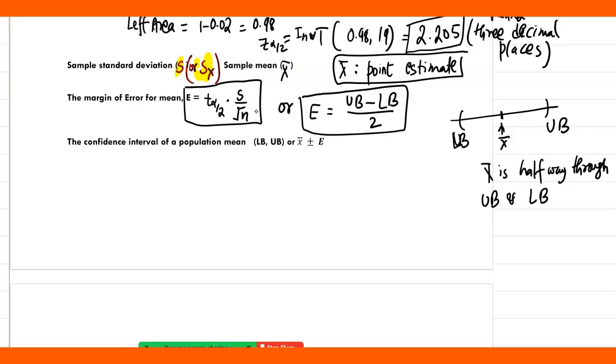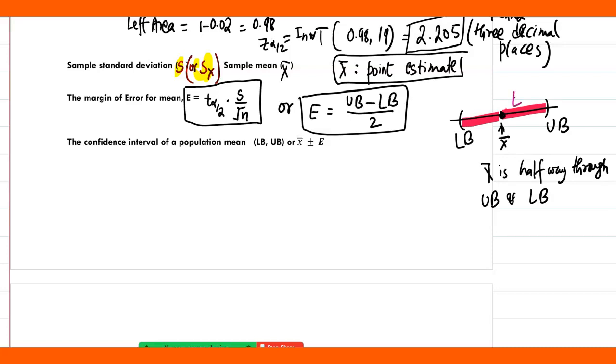Okay, I use UB for upper bound, LB for lower bound as before, right? LB for lower bound, UB for upper bound, and this is the point estimate halfway. And from here to here, the red length, is called margin of error.